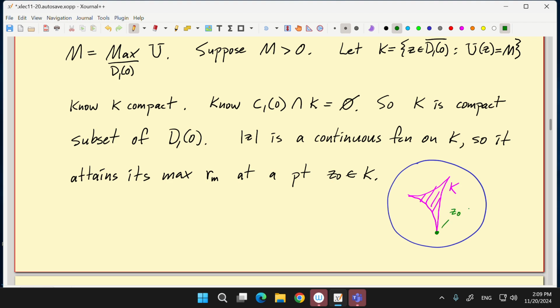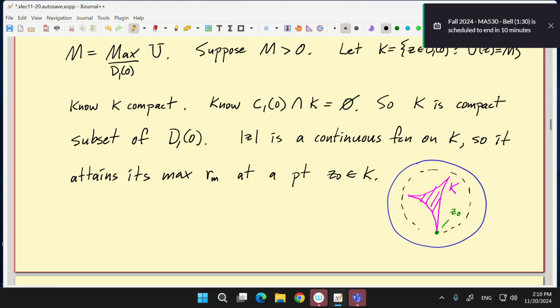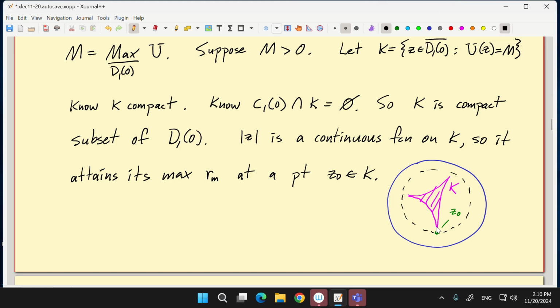And now I have the weak averaging property. So let's see. I need a dotted circle going around here. There's the z naught. I have the averaging property on this circle here. It might be a small circle.